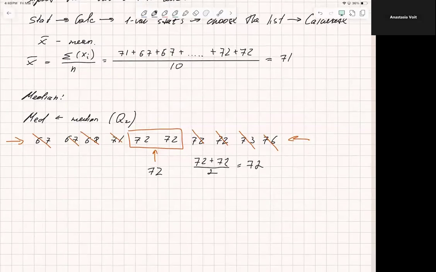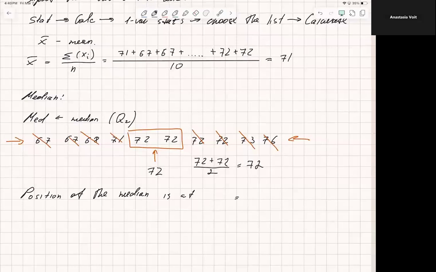Or if we use the formula for the position of the median, we would have it is at (n plus 1) over 2, right? So that's going to be, oh wait, we have an even number here, right?